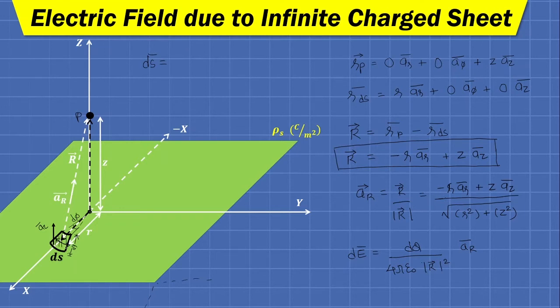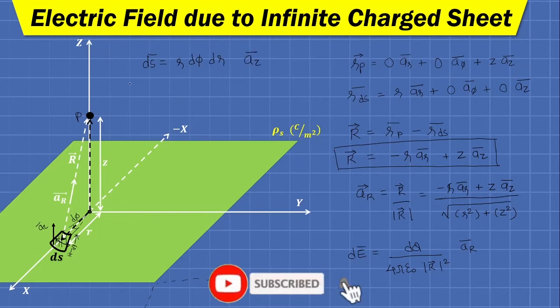So this length will be r d phi. Now the difference in radius will be dr, and the direction of this surface is the z direction. So among the 6 differential surfaces that we have seen in the cylindrical coordinate system, you can also refer to that video if you wish to. We are going to use this equation for the given differential surface.